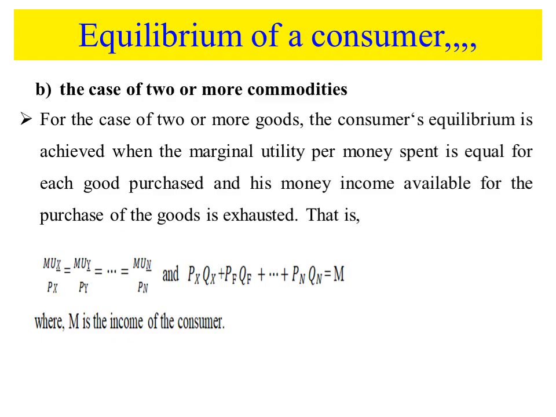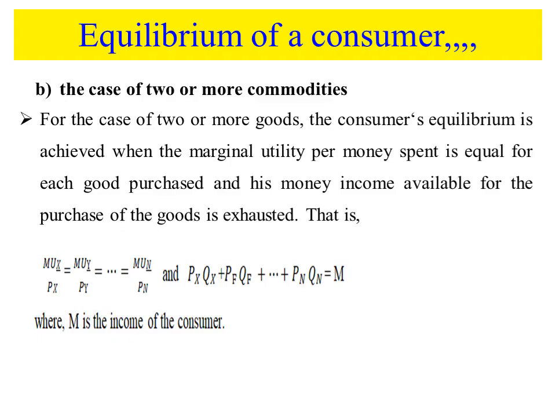We can use two formulas. The first one is by using ratios: marginal utility of one product over price of one product equals marginal utility of the second product over price of the second product. That means marginal utility of banana over price of banana equals marginal utility of orange over price of orange.